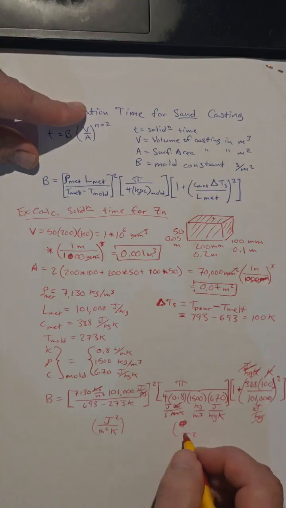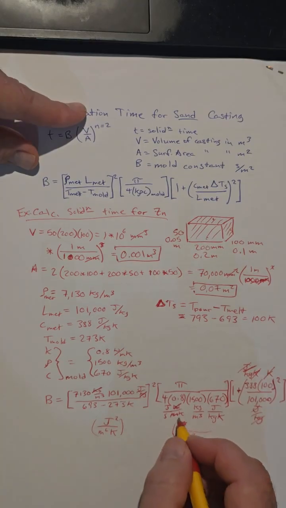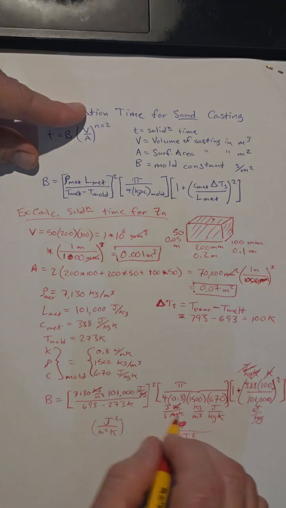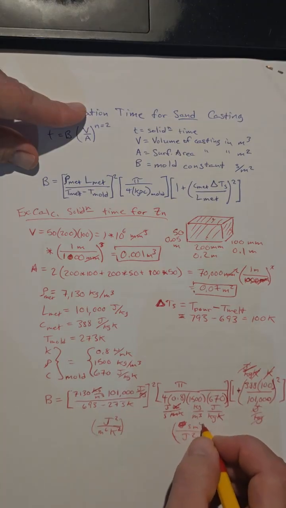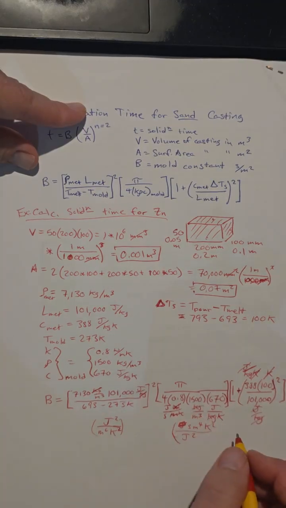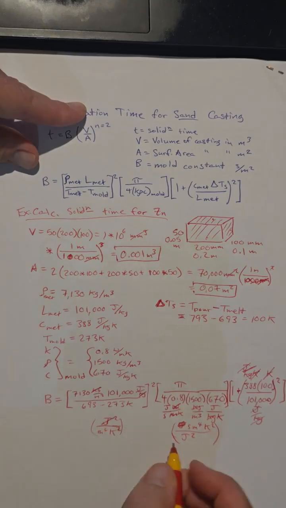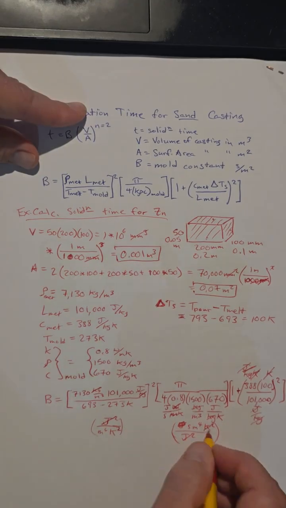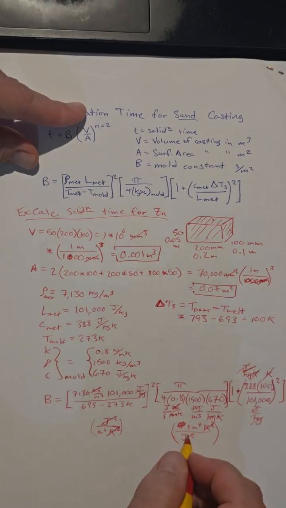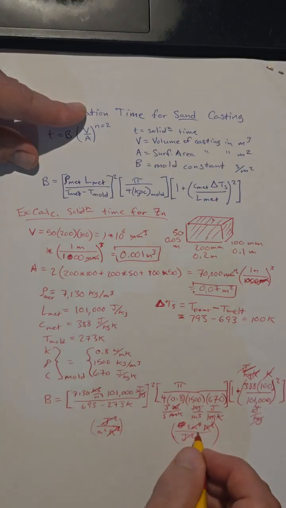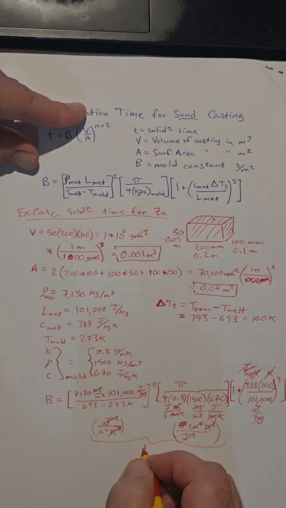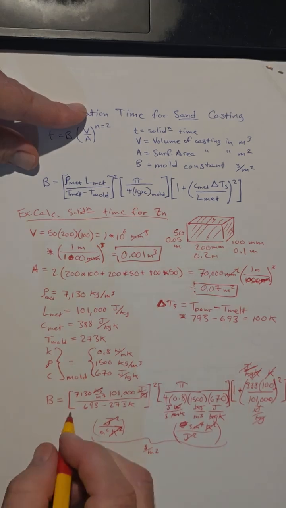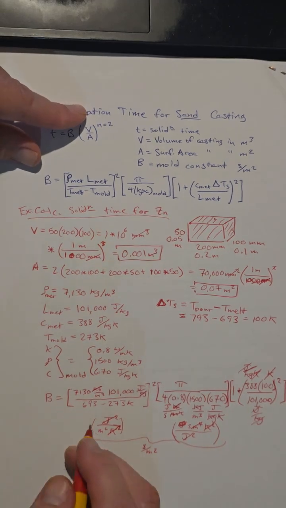So on the bottom, joules squared, and then seconds, meters, Kelvin. I forgot this Kelvin needs to be squared. Seconds, meters to the 4th, Kelvin squared, and these kilograms cancel. Now if I look at the units here and here, joules cancel, the Kelvins cancel, and 4 of these 6 meters cancel, and so I end up with final units of seconds per meter squared. And that's good because those are the units that I'm supposed to have for B.